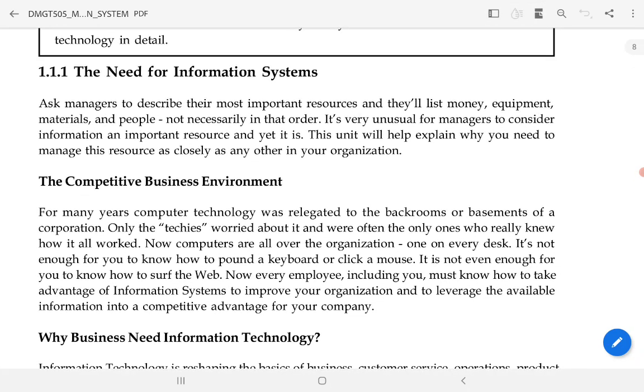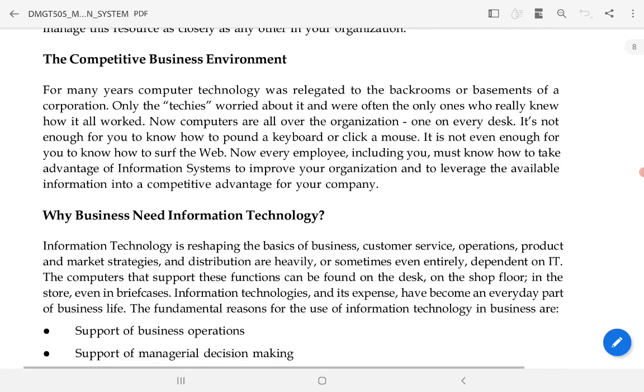It is very unusual for managers to consider information an important resource. Without IT or information systems, large organizations won't run without appropriate decisions by the top level managers.